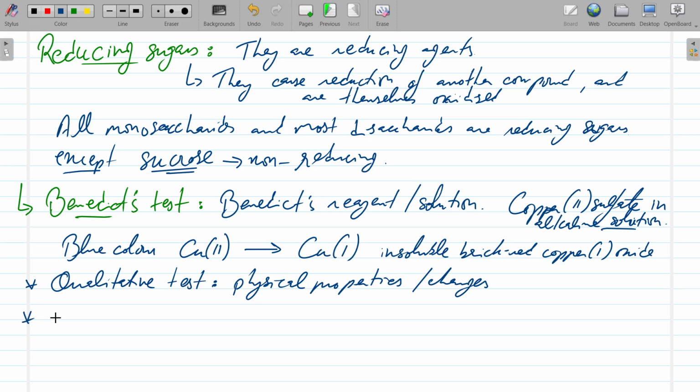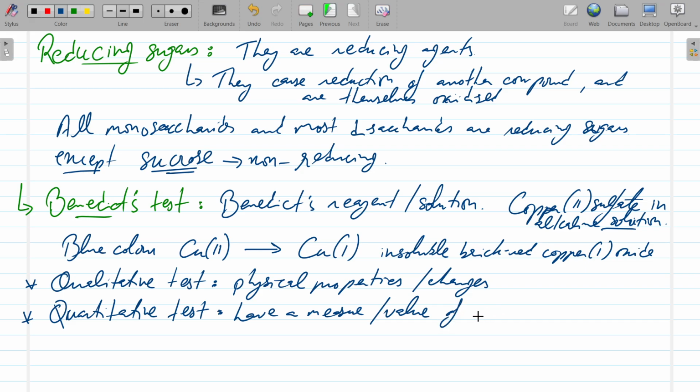Whereas a quantitative test, though you've got other types of tests that are quantitative, as the name suggests, quantity, is where you have a measure or a value of a product that is formed, perhaps.